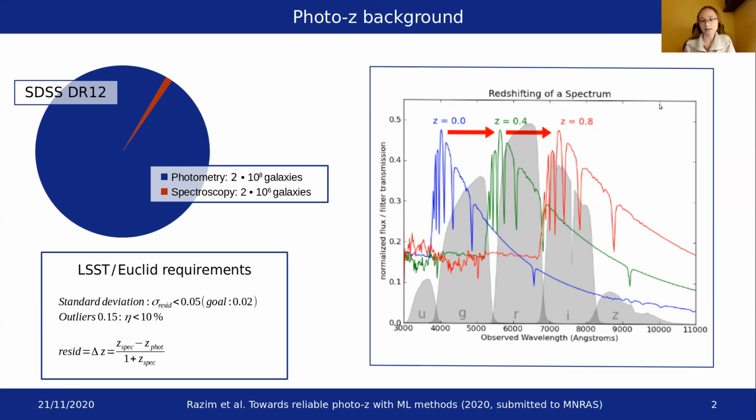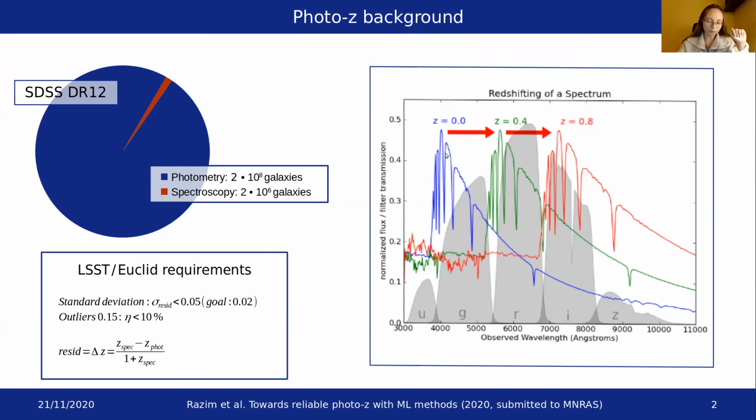Basically, we treat photometry as very rough resolution spectroscopy. And when some prominent spectroscopic feature moves from one band to another, it causes a decrease or increase of the flux in this band. And from this increase or decrease, we can calculate the position of this spectroscopic feature and consequently the redshift of the galaxy.